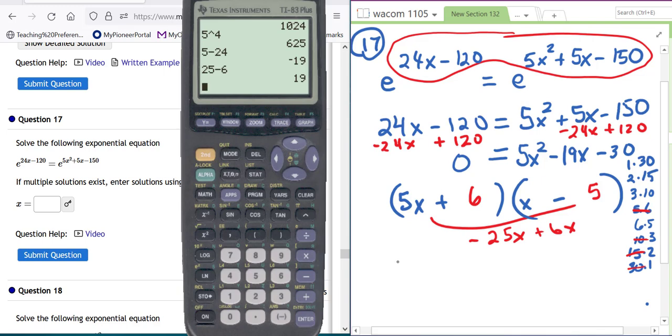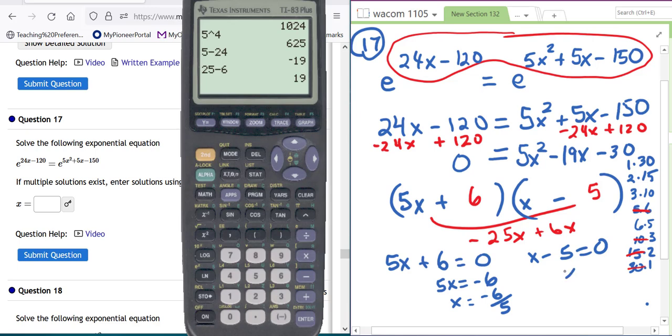So our solutions: 5x plus 6 equals 0, and x minus 5 equals 0. So this one is going to be 5x equals negative 6, x equals negative 6/5. This one, x will equal 5.